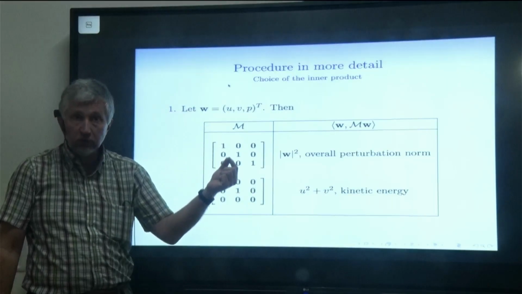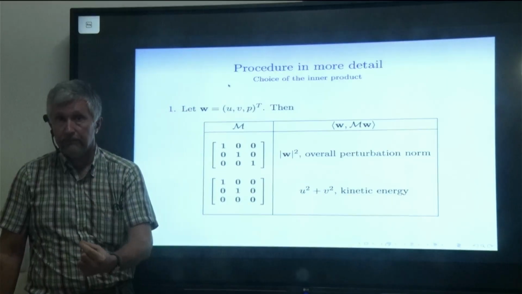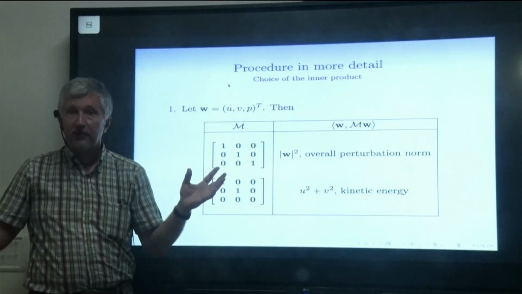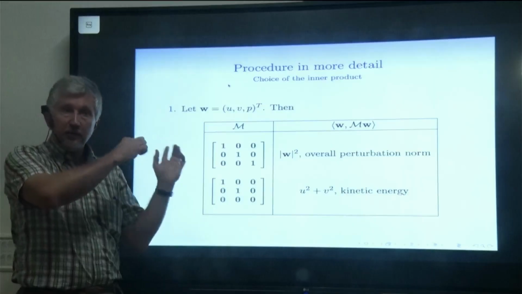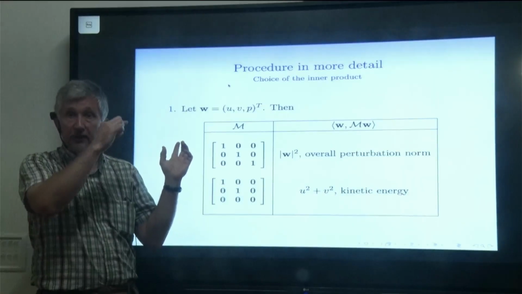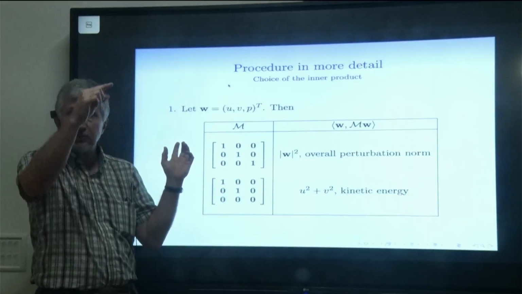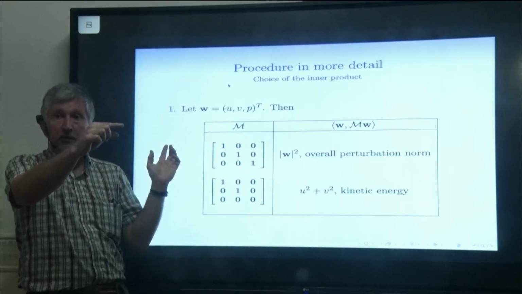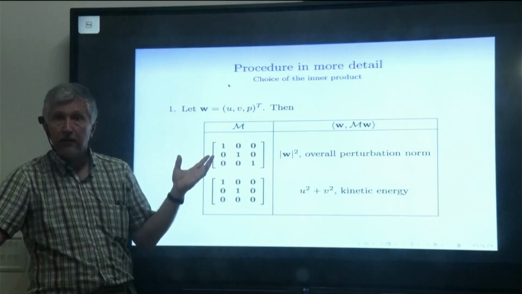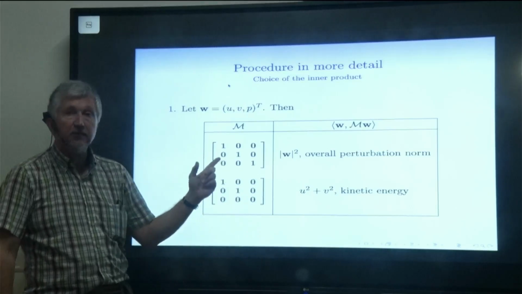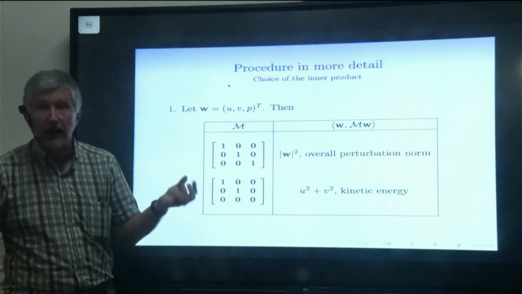You will get U, V, 0. So pressure will disappear. And then you multiply it by another vector U, V, and P, and you will get U times U plus V times V plus P multiplied by 0. So P is gone. Therefore, this is the matrix which we need to stick in if we would like to stick with the equation with kinetic energy.